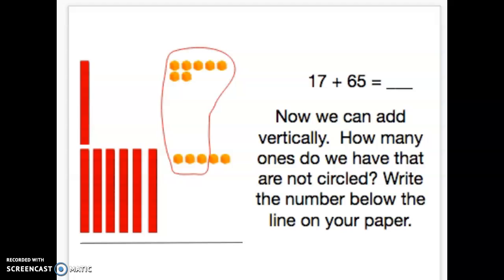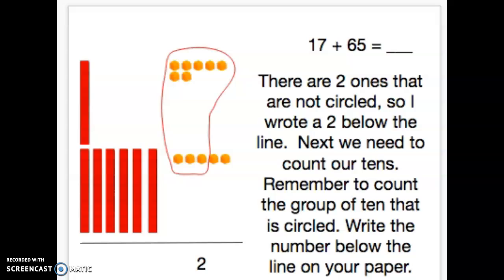Now we can add vertically. How many 1s do we have that are not circled? Write that number below the line on your paper. There are 2 1s that are not circled, so I wrote a 2 below the line. Next, we need to count our 10s. Remember to count the group of 10 that is circled.